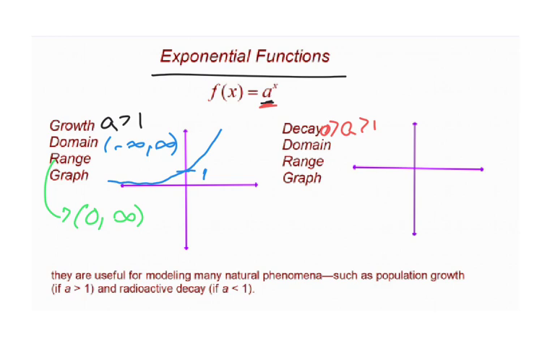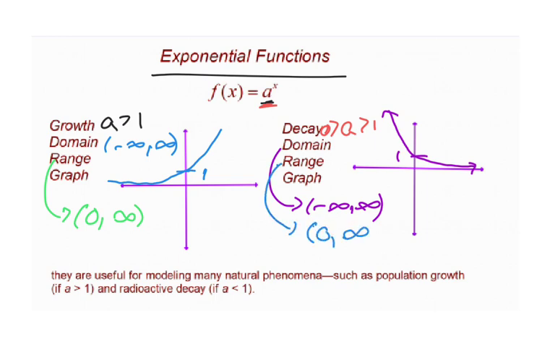And then the next one over here was a decay, and it goes down. And it also goes through 1. But it's a decay, so it's decreasing. And your domain on it is still negative infinity to positive infinity, and the range is still 0 to positive infinity.